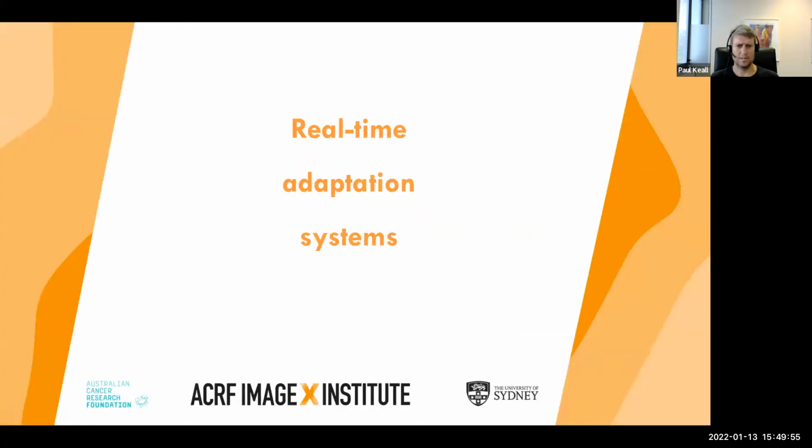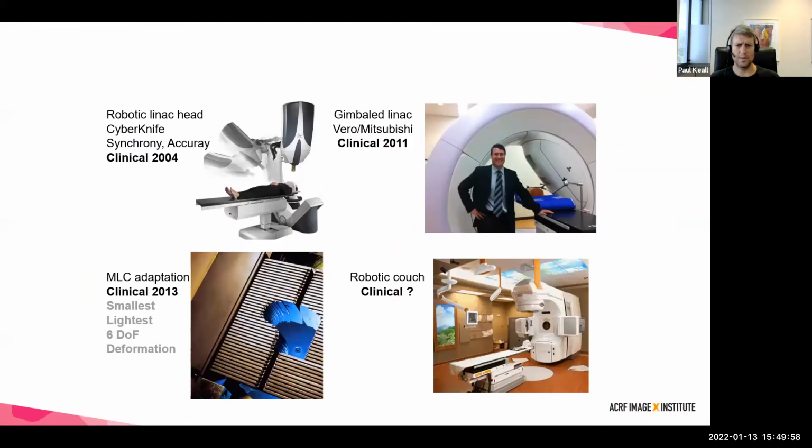And I'll jump through. There are also a number of different ways I've talked about. If there is motion of the tumor during treatment, then ideally we want tools that will have the radiation beam follow this moving target. There have been robotic approaches to this. There have been gimbaled approaches, and this is a picture of a much younger me in Japan. The most common device used for beam shaping is the multi-leaf collimator.